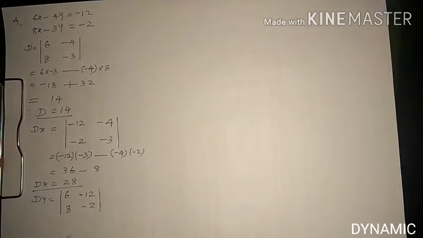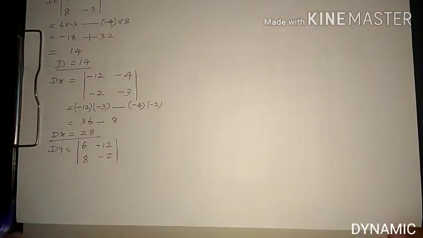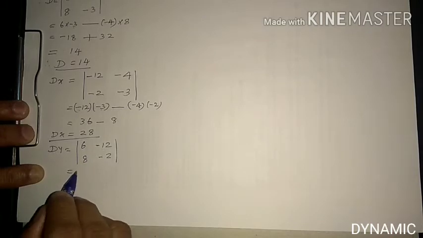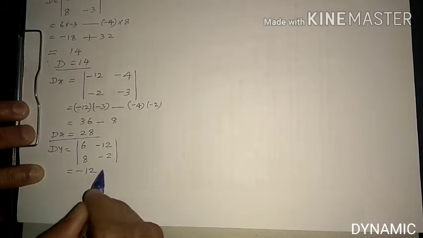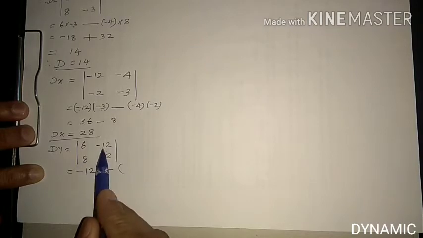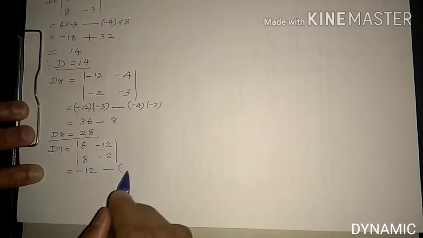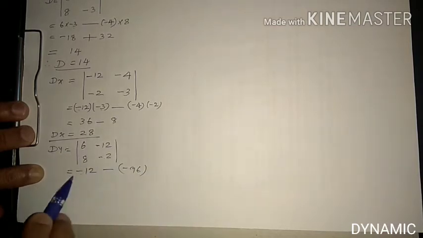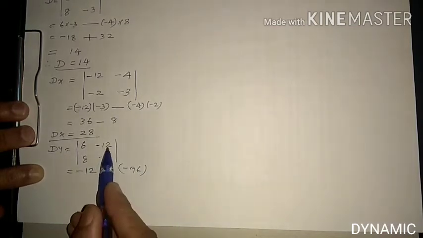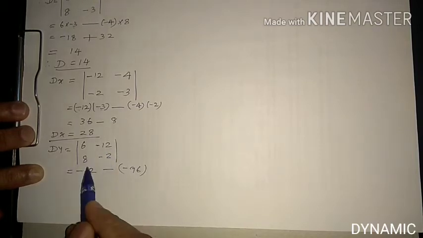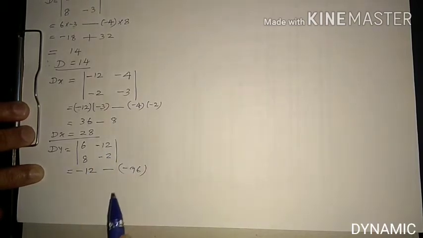We expand this. 6 into minus 2, minus 12 into 8. 12 8s are 96.